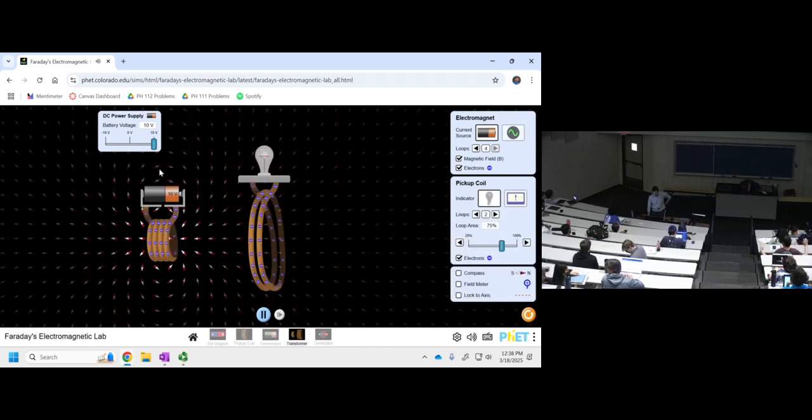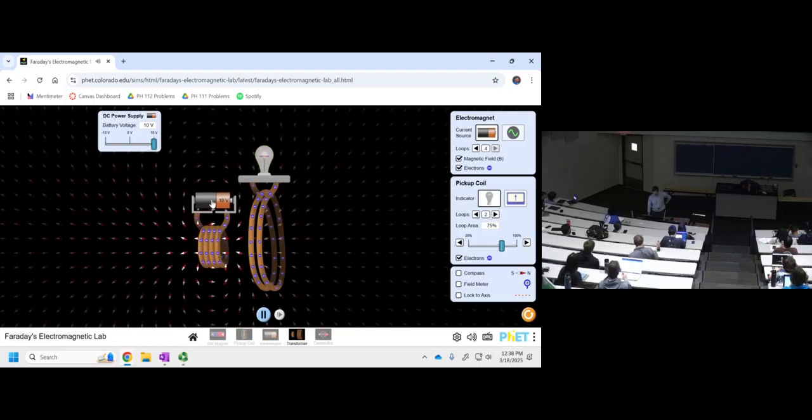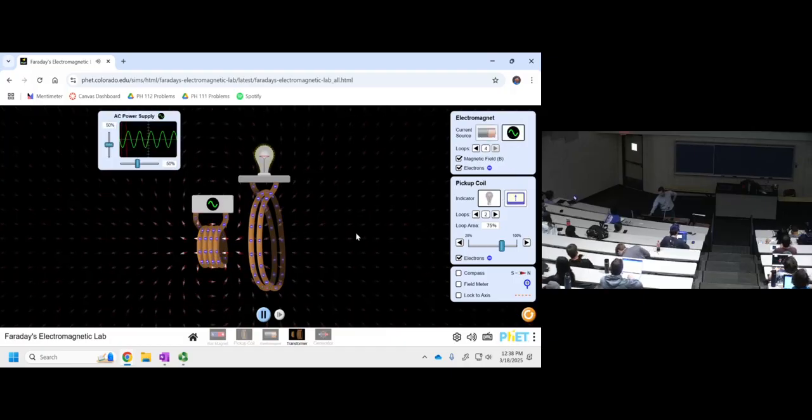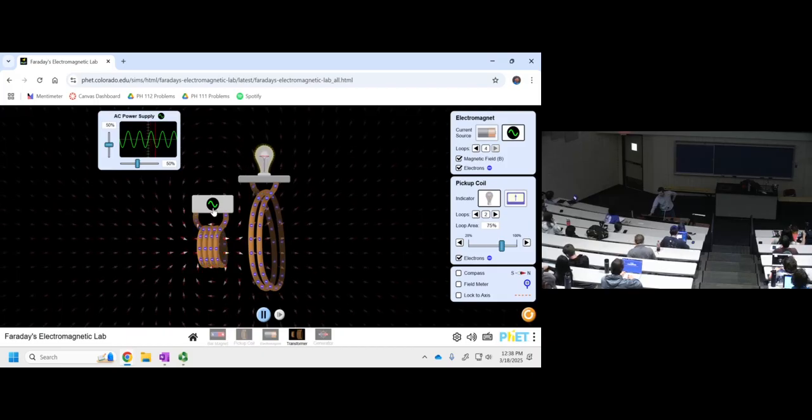You can even work with transformers. You'll notice that for DC power, in my first conducting coil, I get no induced current in my second conducting coil. But if I switch to AC current, then what happens is I get the light shining very dimly.